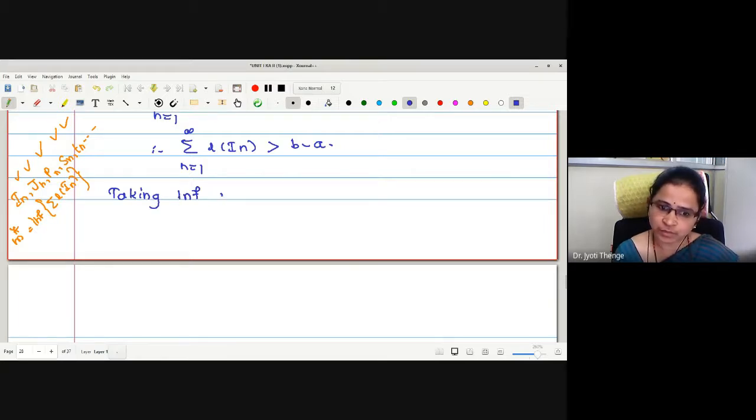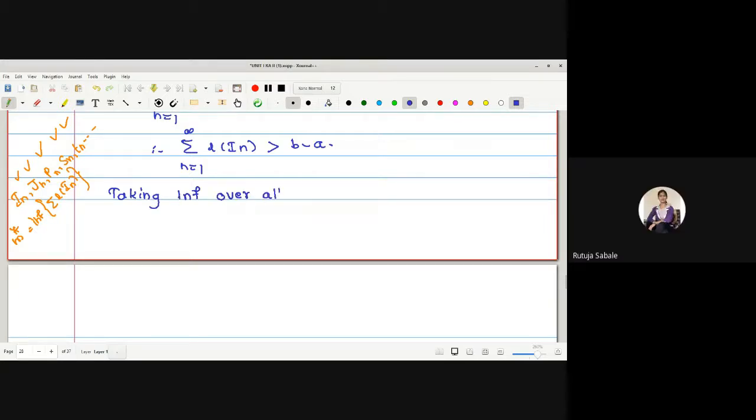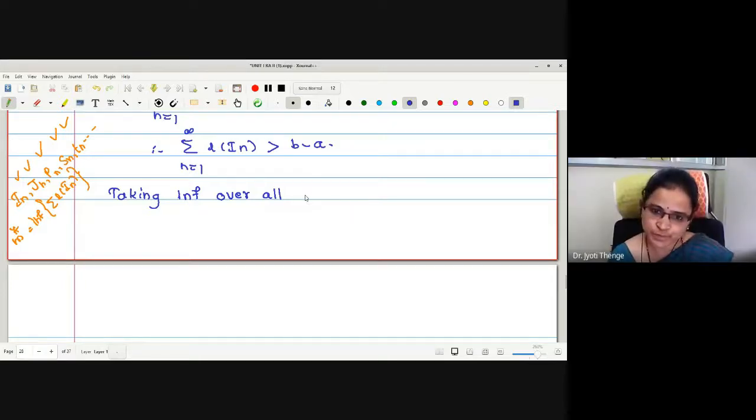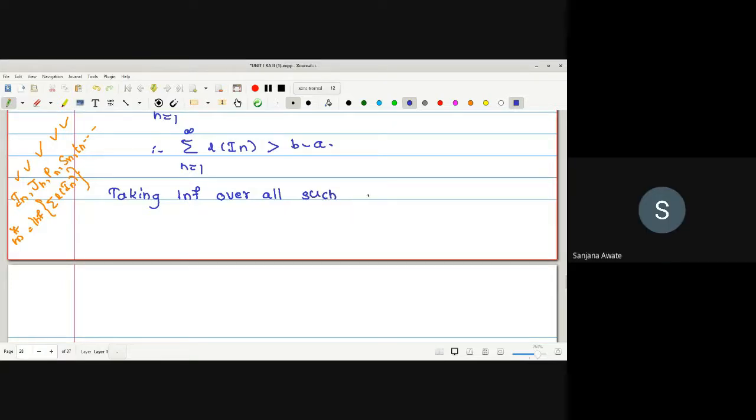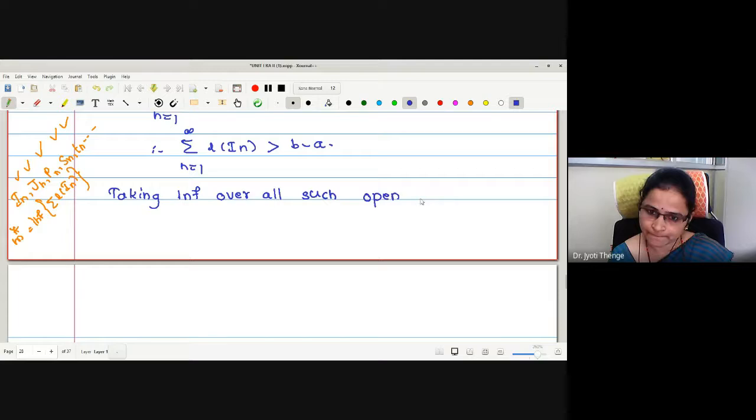Taking the infimum, m star is greater than b minus a. Strictly greater? Greater or equal? Yes, it is greater or equal. Can you justify?